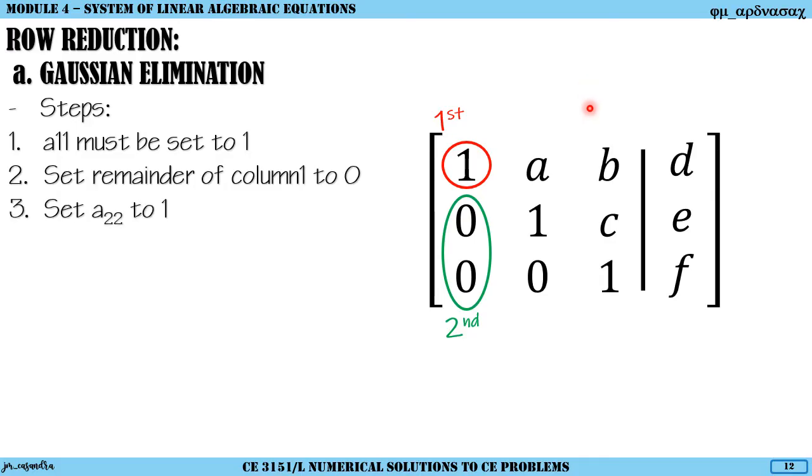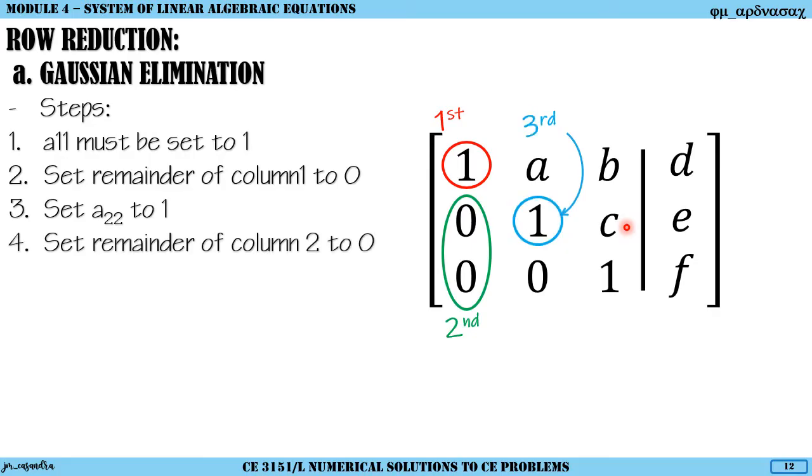Next step is to set now our A22 second diagonal element equal to 1, and the remainder of your column 2 will now be set to 0. And lastly, we set the last element of the diagonal of the matrix equal to 1.